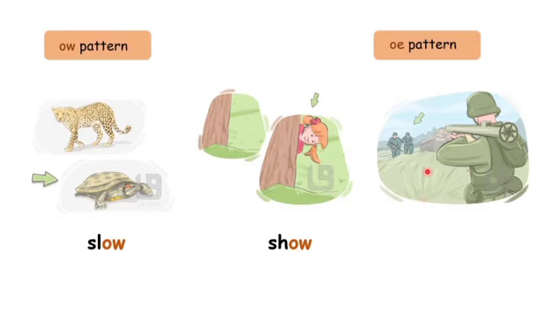What about this one? Which word means an enemy? Excellent. Foe. Foe, we can see the OE pattern here. E is silent, as we said. When we have two vowels, only the first one has a sound. The second one is silent.